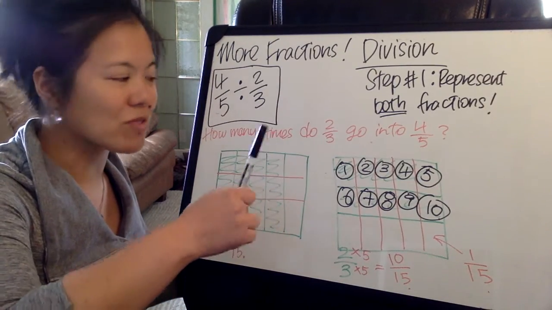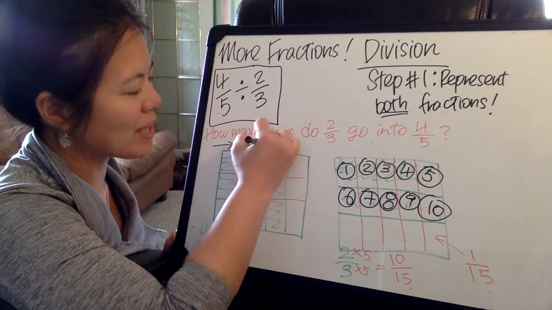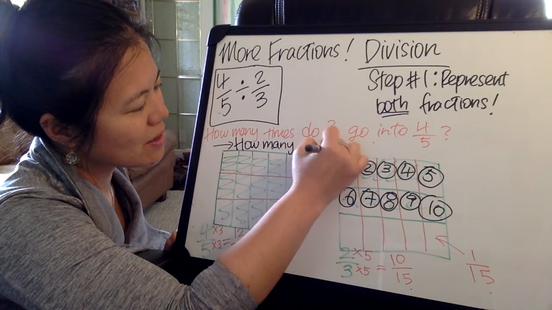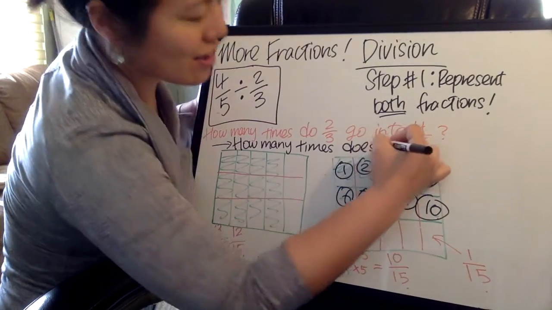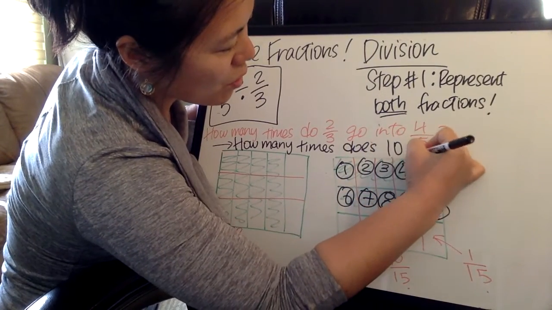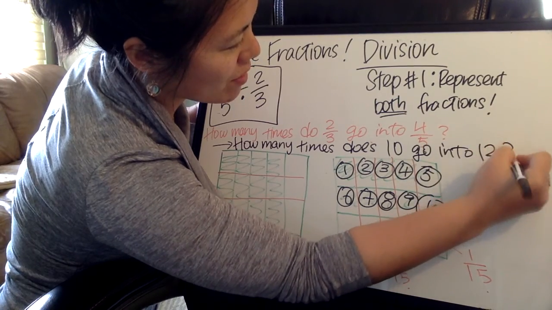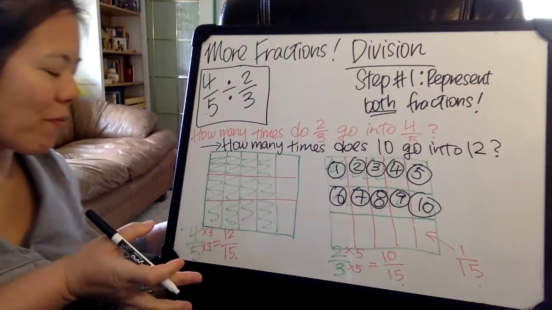So if I were to rewrite this question, now the question is how many times does 10 go into 12? That's a new question. How many times does 10 go into 12?